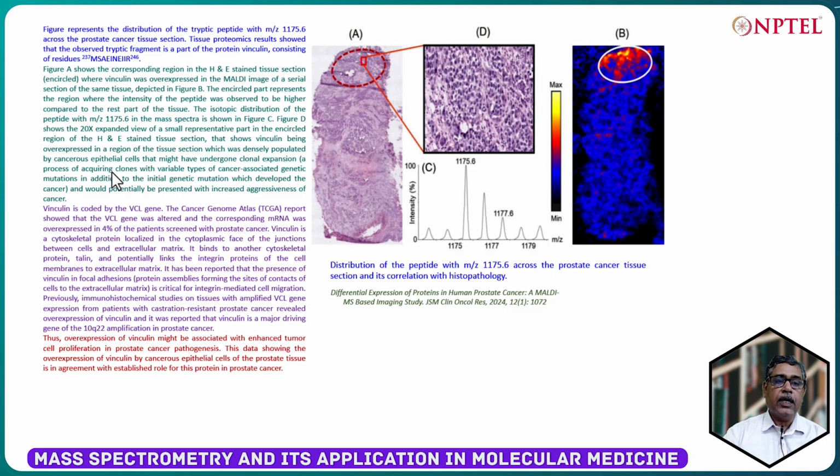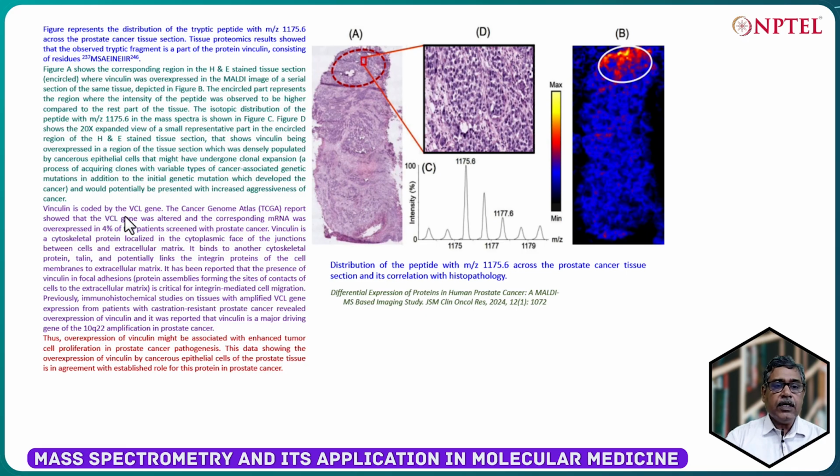That is a process of acquiring clones with variable cancer-associated genetic mutations in addition to the initial genetic mutation which developed the cancer. So, that is what is called clonal expansion, and it would potentially present with increased aggressiveness of the cancer. So, this is the region where some small portion is blown up, and you can see how the cancer cells are so closely, densely packed here.